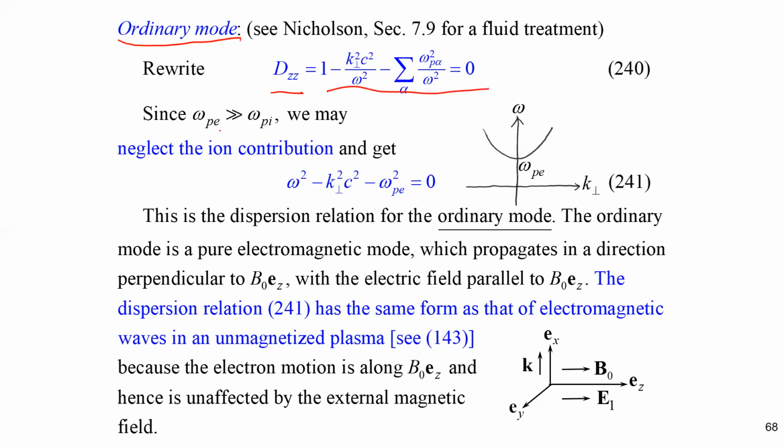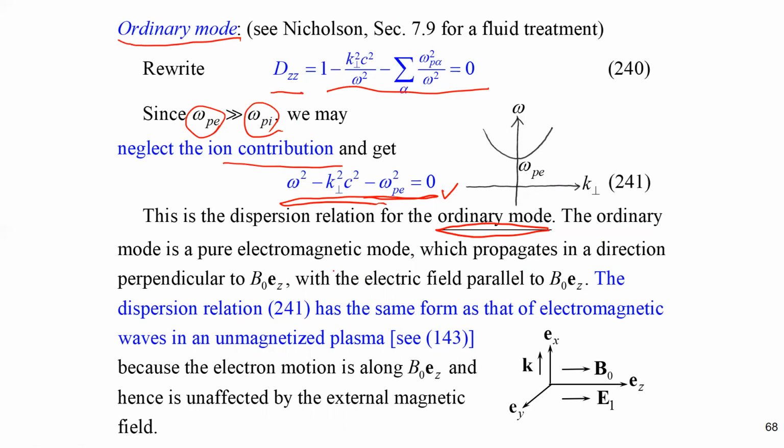For electrons, their plasma frequency is much, much higher than the ion frequency, so we can neglect the ion contribution and just consider the plasma frequency. We already learned this one before, with or without the magnetic field. This one is the same. This is the ordinary mode.